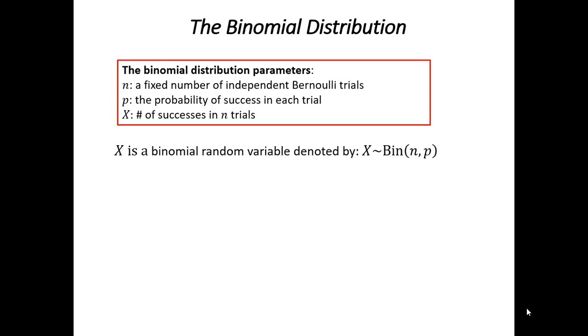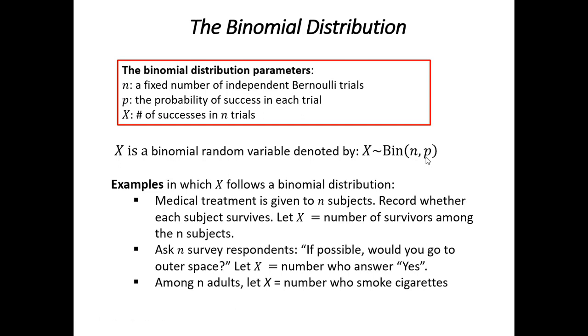So we'll use the notation x is binomial with n trials and probability p of success. Some examples would be if a medical treatment is given to n subjects, we could record whether each subject survives. Our random variable x would be the number of survivors among the n subjects.